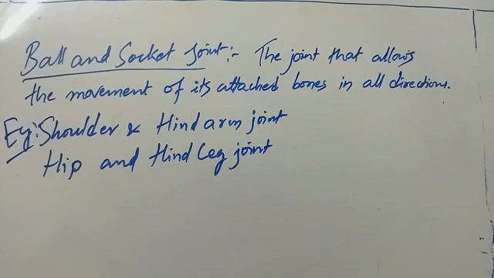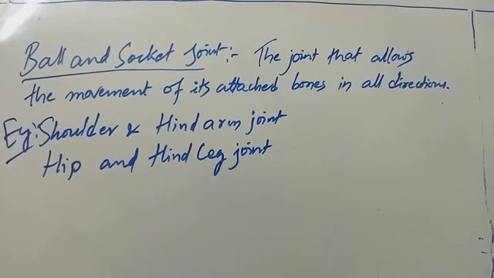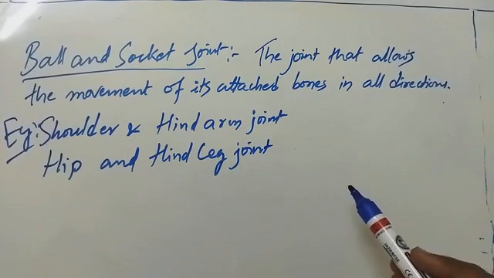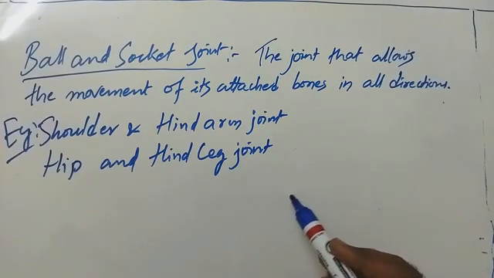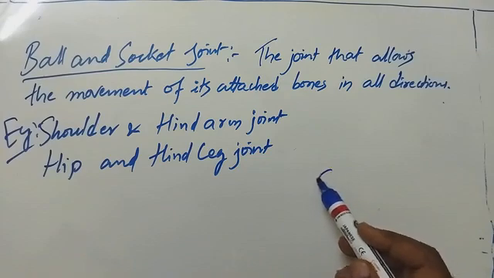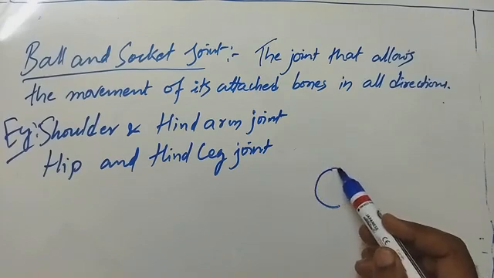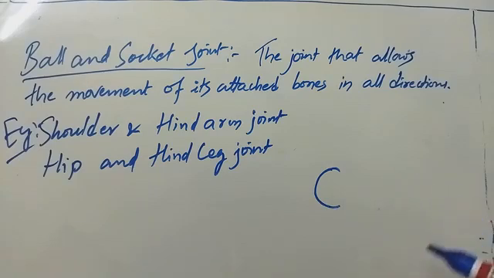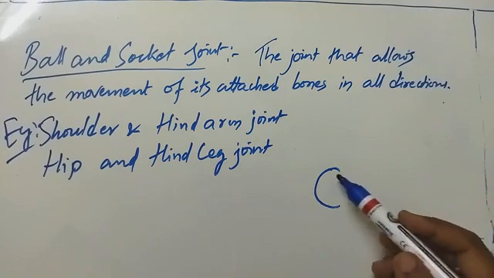This type of joint is formed by the fitting of rounded end of one bone into the cavity of the other bone. So, how is the ball and socket joint formed? Take the shoulder bone: the end of the shoulder bone will have a hollow rounded cavity.